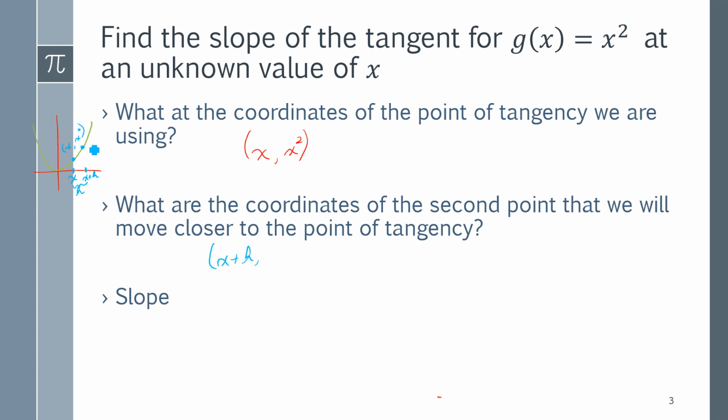And then to get the y coordinate, I plug that into my function. So I'll have the quantity of x plus h squared for the y coordinate. I can then move to finding the slope between those 2 points. So I have the change in y over the change in x.